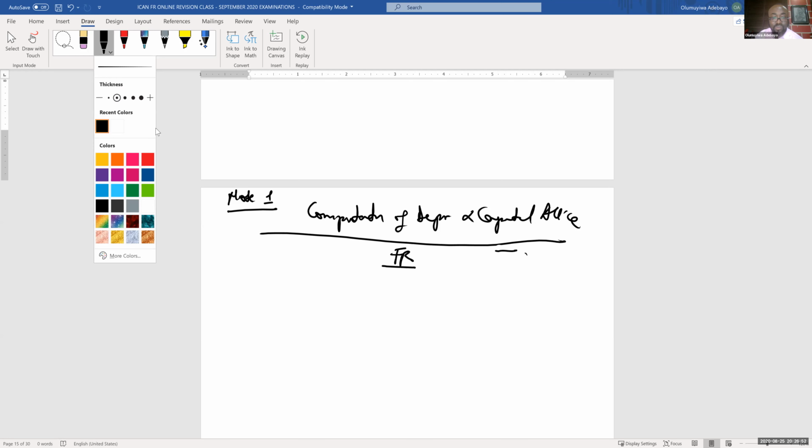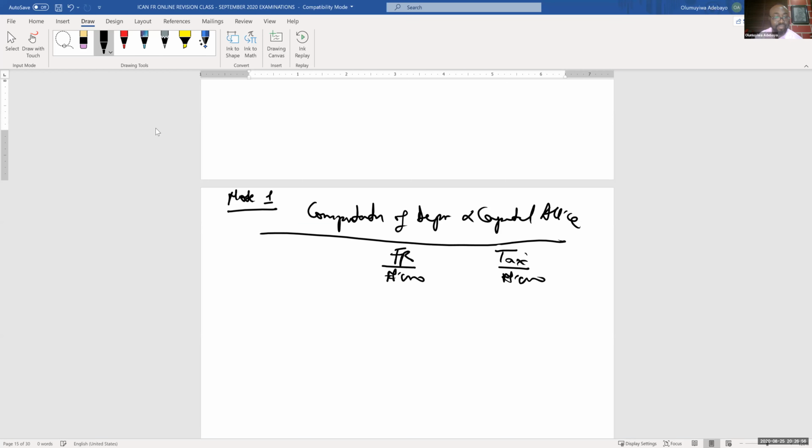Now, we start with year 1, 2014, which is year 1. What is the cost? For financial reporting and tax, the cost remains 1 million.